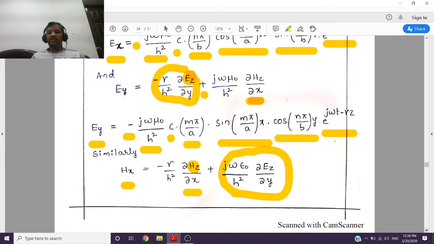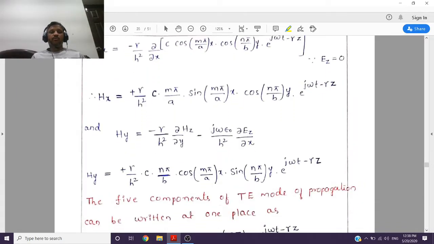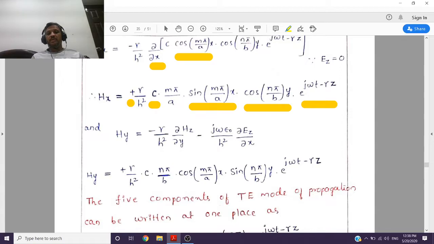So what you will be getting is minus gamma by h square, which will become plus here because minus into minus will be plus. c is as it is, and cos of m pi by a into x will be differentiated with respect to x. So you will get minus sine m pi by a into x, that minus into minus will be plus here, and cos of n pi by b into y into e power j omega t into e power minus gamma z. So that will be your expression for hx.